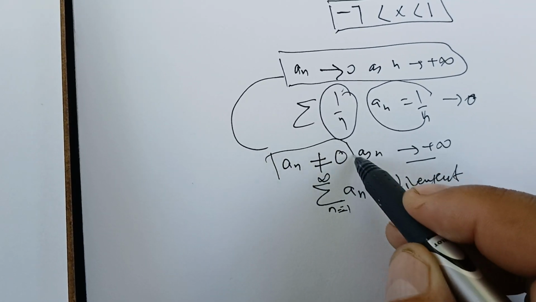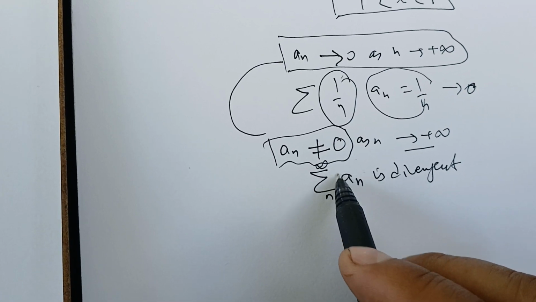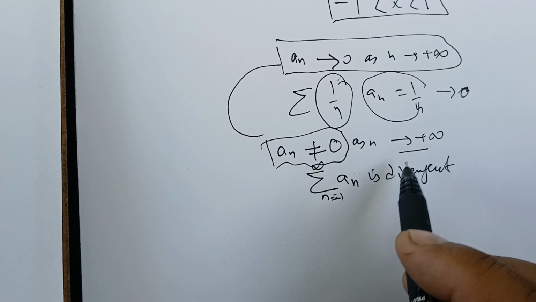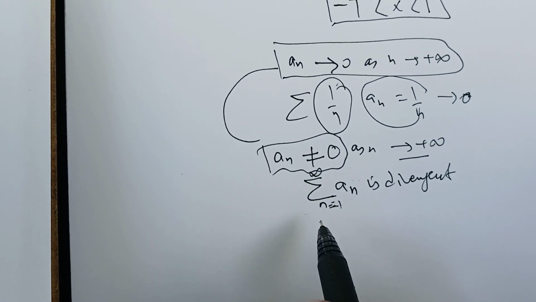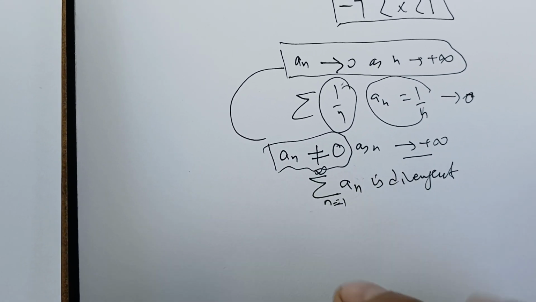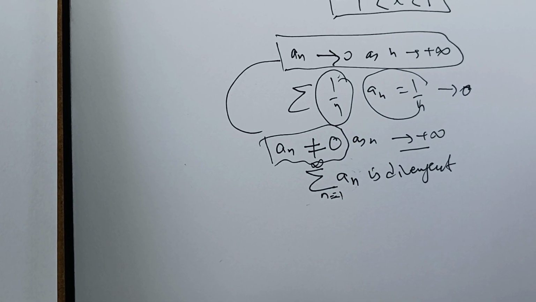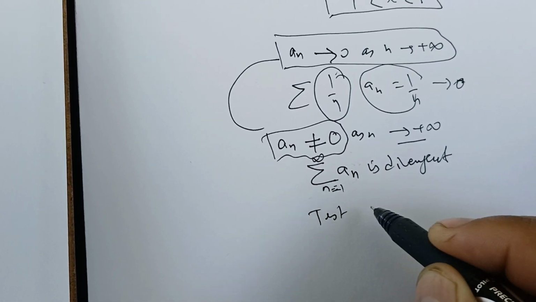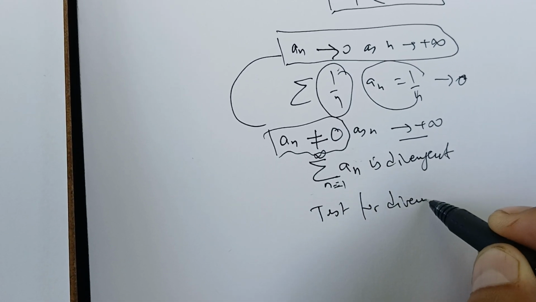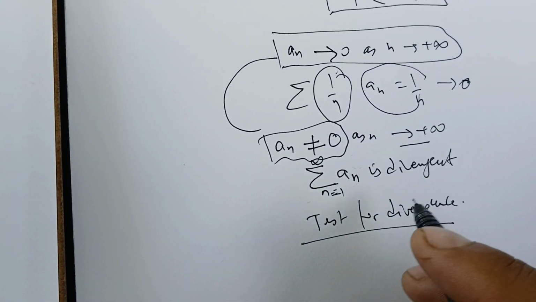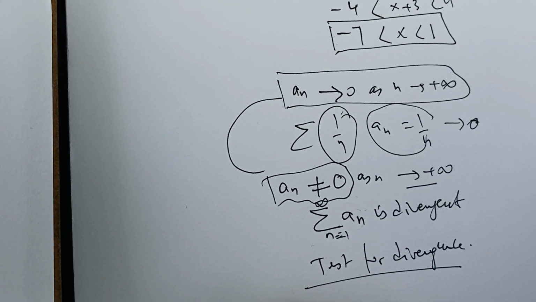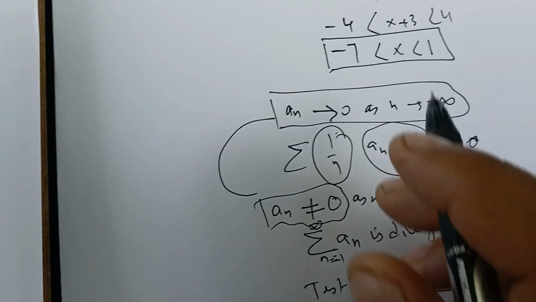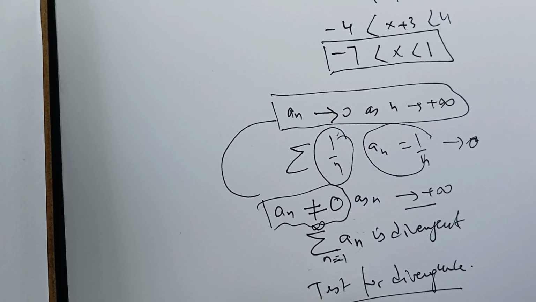So when the general term doesn't go to 0, we stop, without doing any more work. This is called the test for divergence. Otherwise, we have to do more tests, and these will help us find the sum that we need.